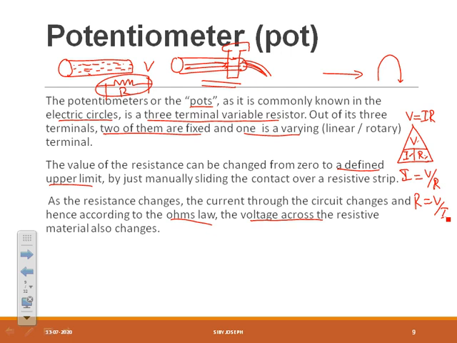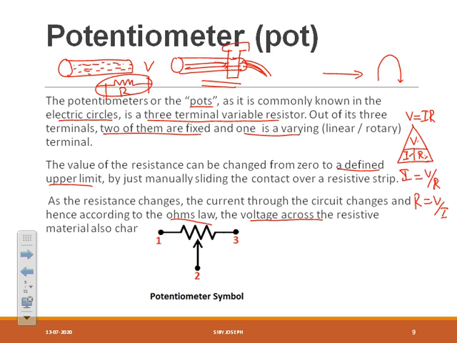Ohm's law states that voltage is directly proportional to the current and the resistance of the material. By using this, we can calculate the current flowing through the resistor.